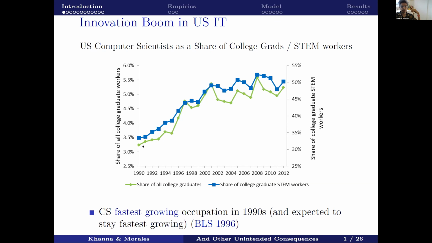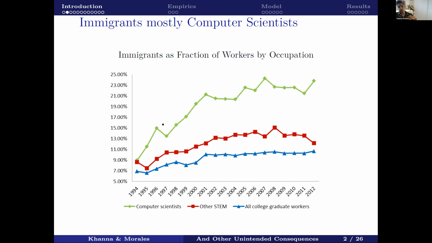If you look at computer science employment as a share of all college graduate employment, or as a share of STEM employment, there's been a rapid increase since the internet became a common technology. But this increase in computer science employment in the US was actually driven by immigrants.